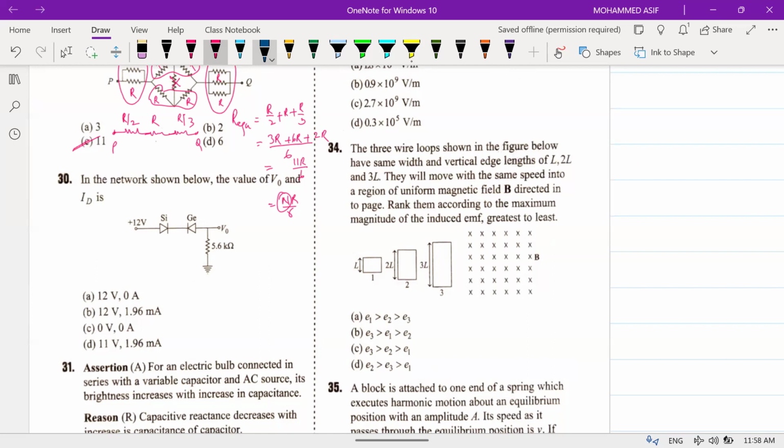In the network shown below, the value of V naught and diode current. Option 2.